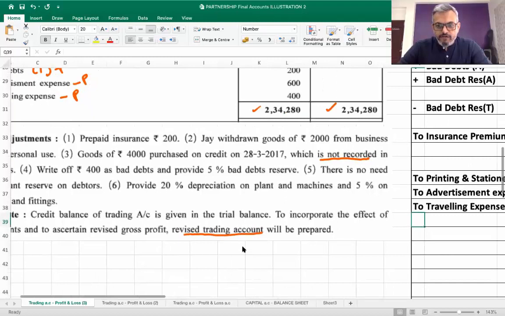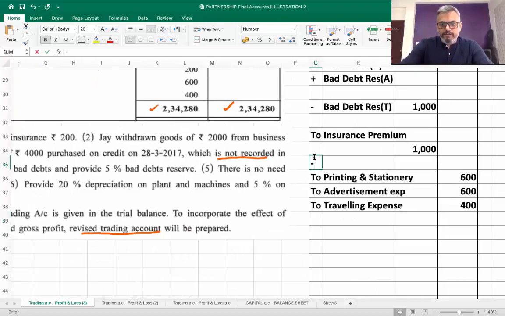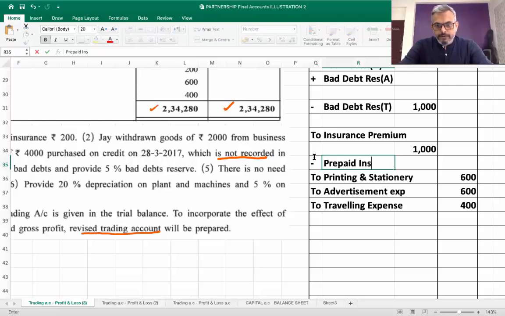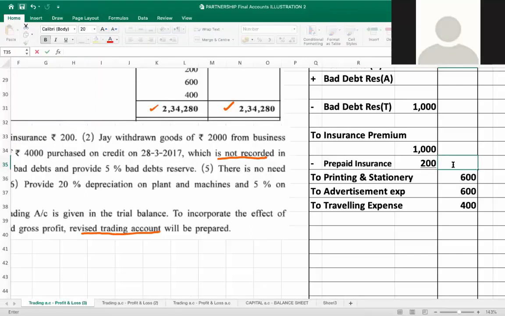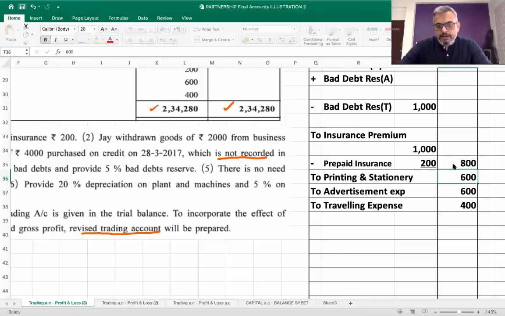So prepaid insurance we deduct from insurance: insurance minus prepaid insurance 200. Outer column, 1000 minus 200 will be 800.